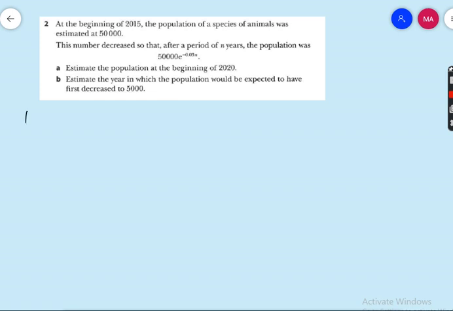First we let the population be p, 50,000 e power minus 0.03 n. Part A is estimate the population at the beginning of 2020.